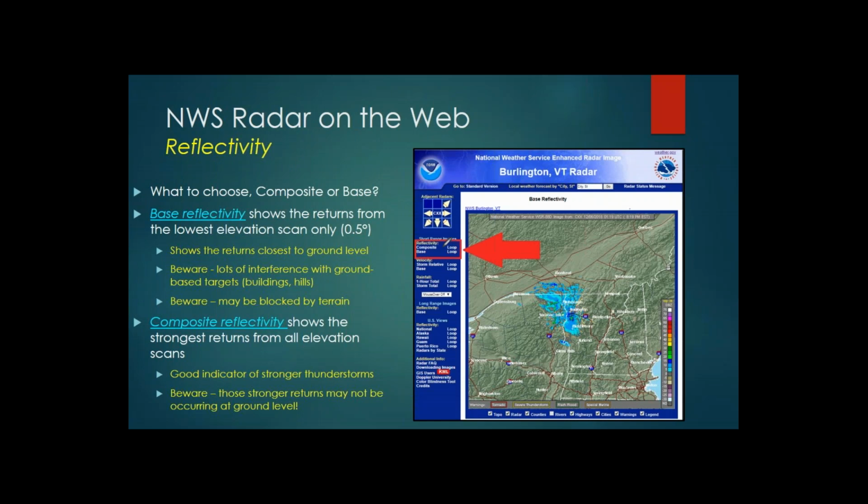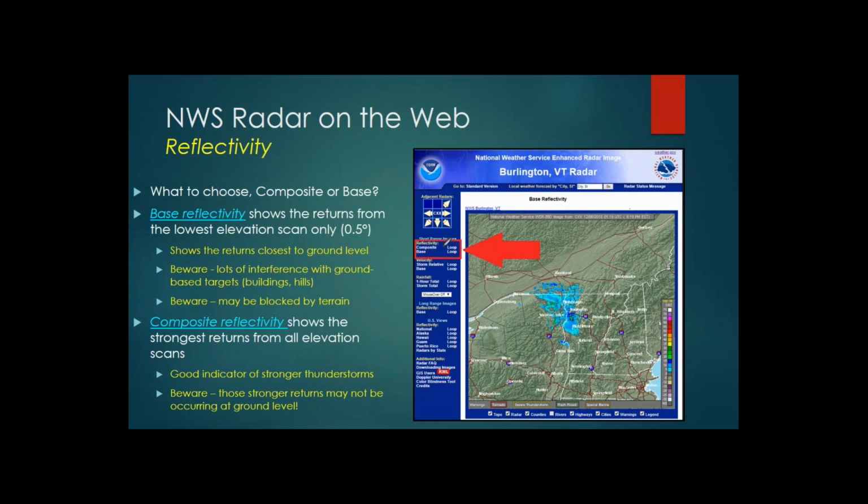It shows the returns from the radar closest to ground level, but there's always catch-22s when you're analyzing scientific data. There's a lot of interference since you're close to the ground. So ground-based targets, and I'm going to touch on this later when we talk about ground clutter and radar artifacts, from buildings, hills, mountains, and even some other stuff like birds and dust and things of that nature.